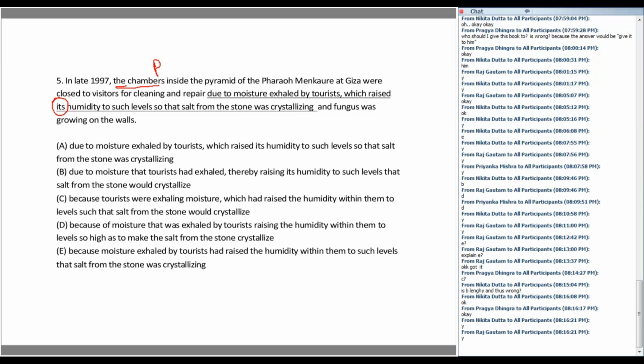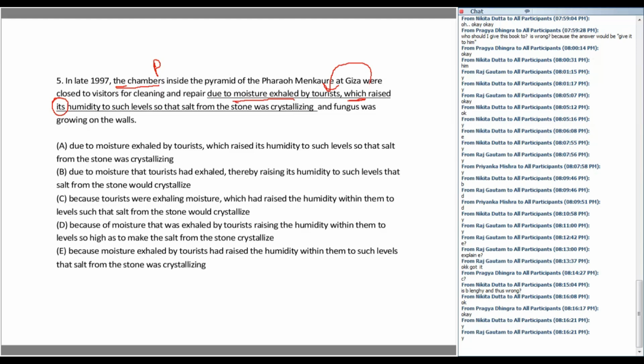Okay? Another problem is immediately before the word which we have tourists. So it seems that the tourists have raised the humidity to such levels. But that's wrong. It is the moisture exhaled by tourists which has raised humidity to such levels. It is not tourists per se, but the moisture exhaled by the tourists. These are two mistakes, and how can we correct them?